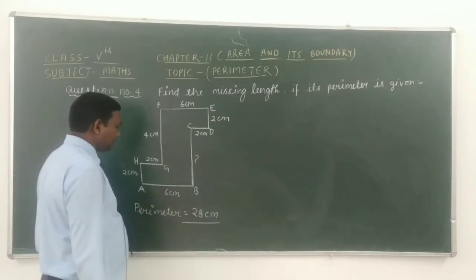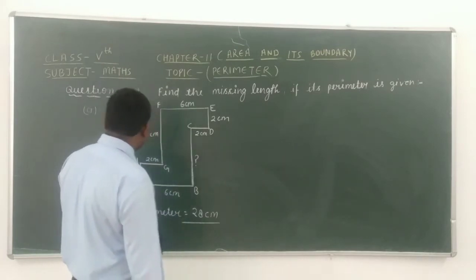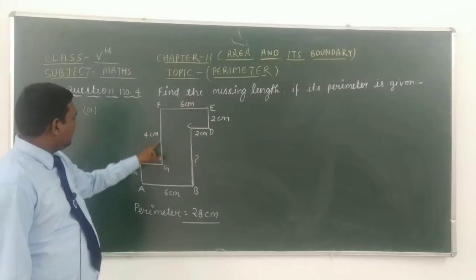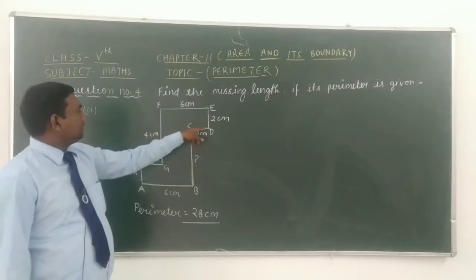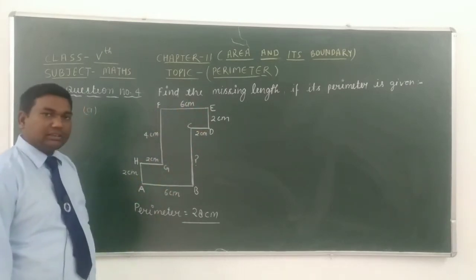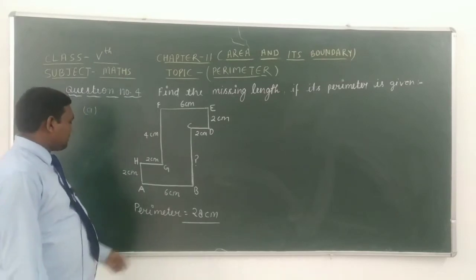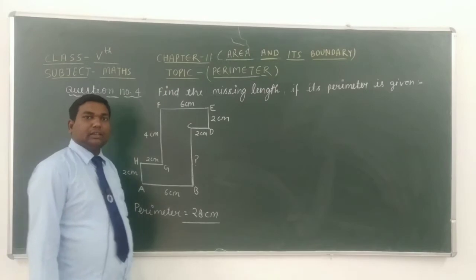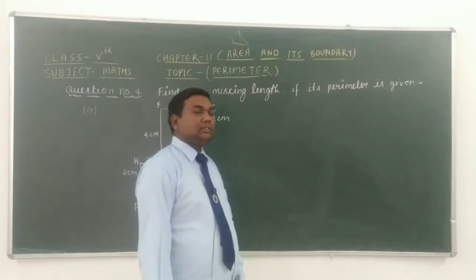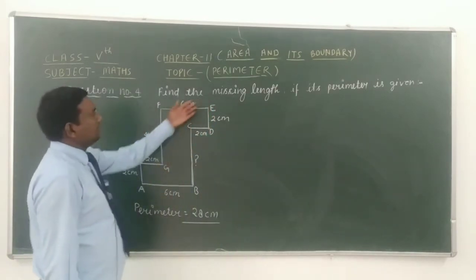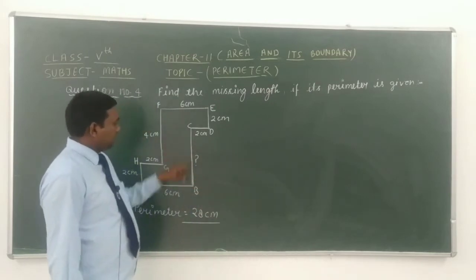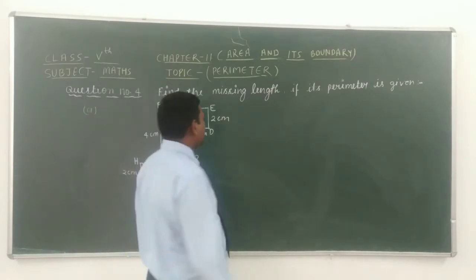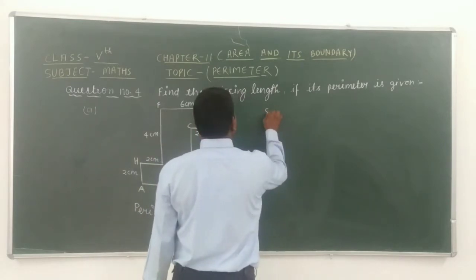Therefore, in this question, firstly we add all the given lengths of line segments, then subtract from the given perimeter. Then we can find the missing length, it means the length of BC. Okay, dear students, now let's start the solution of A.